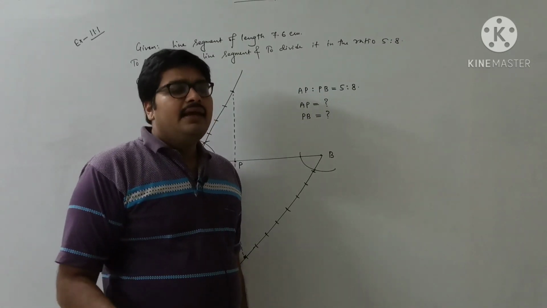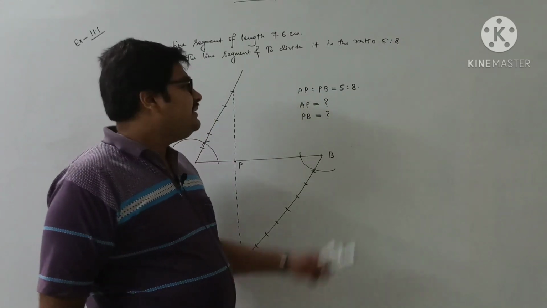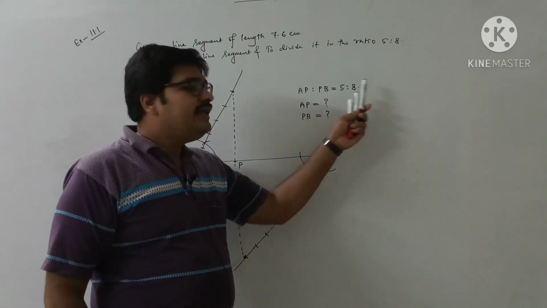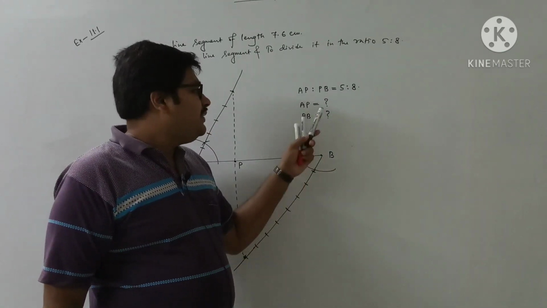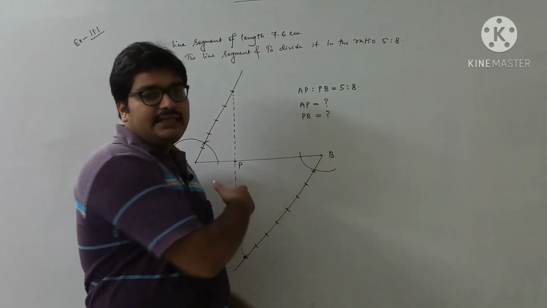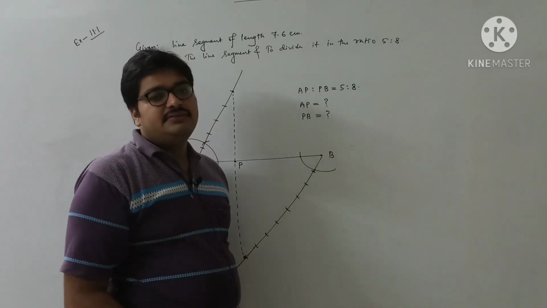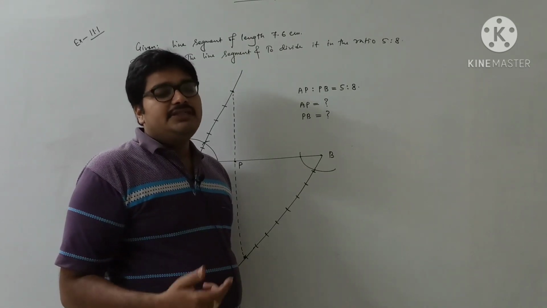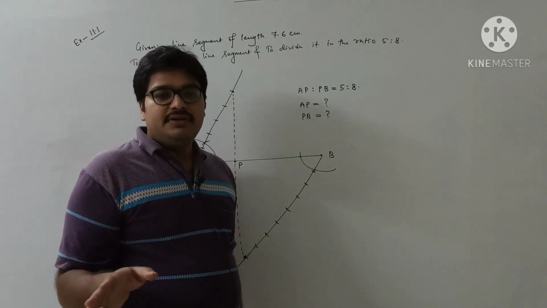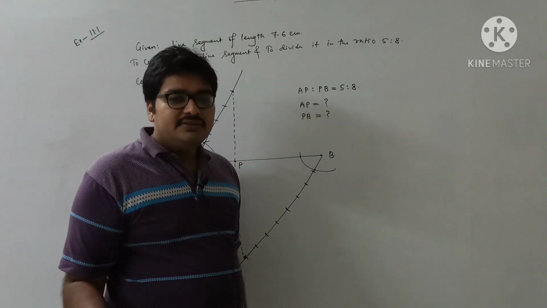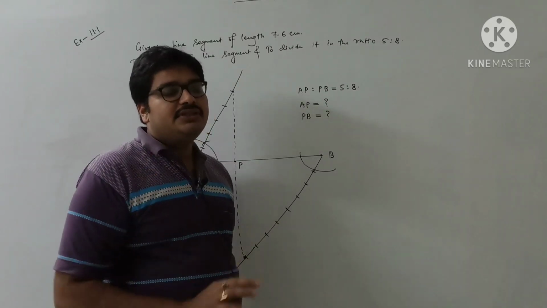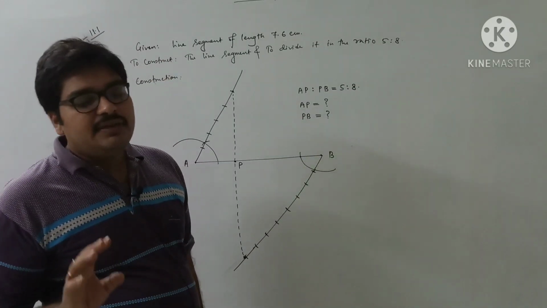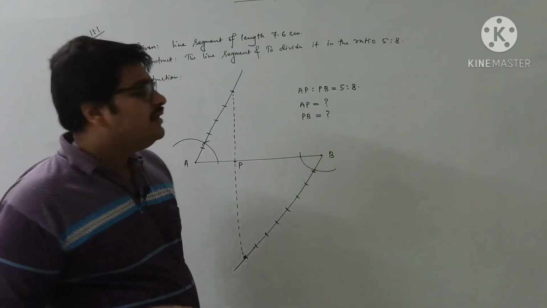And check whether your answer is matching with this answer or not. After doing 5 by 8, what answer did you get? After doing AP by PB, when you have done the division, what answer do you get, up to one decimal place? So those two are equal to each other or not. If they are equal to each other, that means your construction is absolutely correct. Am I clear with the procedure I have told about?